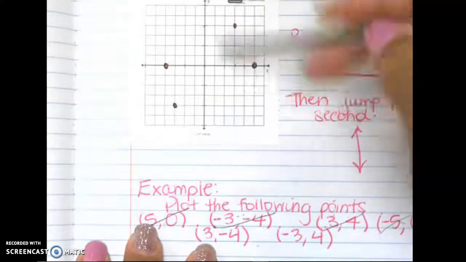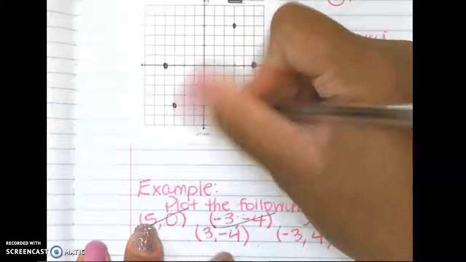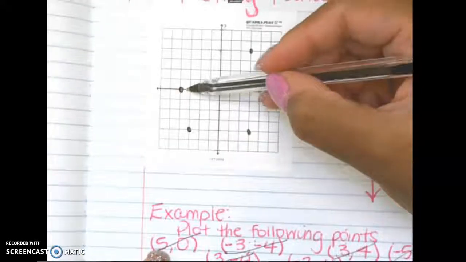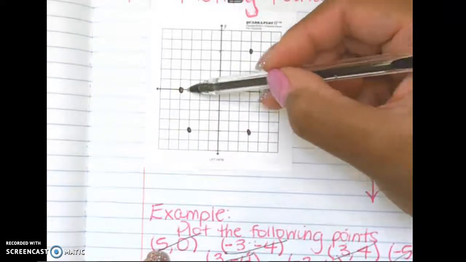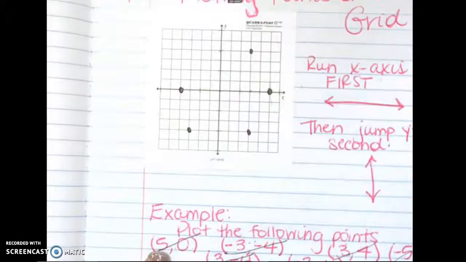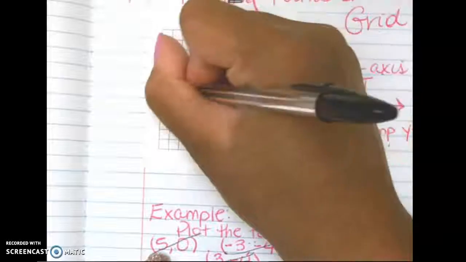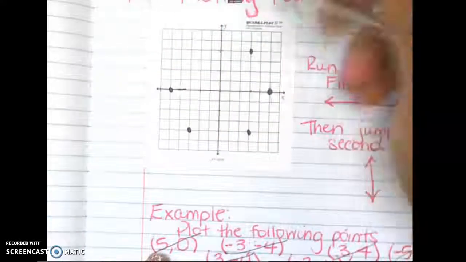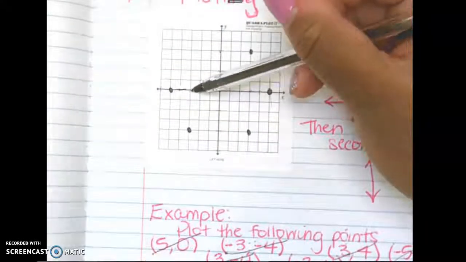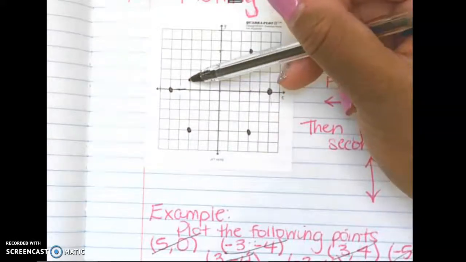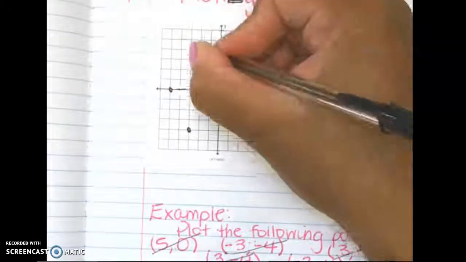Fall down 4. Cross it out. And then run to the left 3. Whoops, I didn't do this one correctly. There we go. 1, 2, 3, -3, and then up 4. 1, 2, 3, 4.